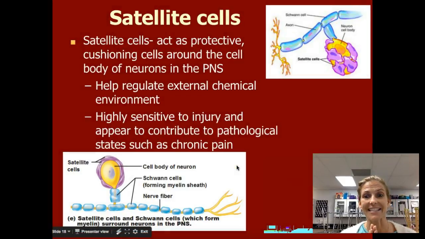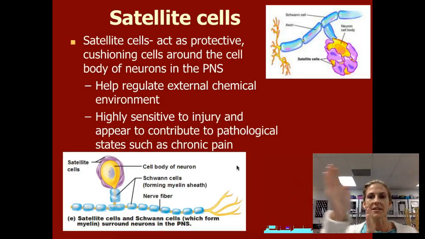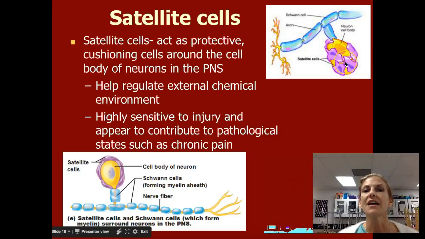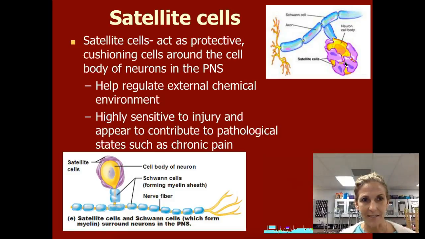Finally, we have the satellite cell. Satellites go around and around bodies, right? So this satellite is going around and around the cell bodies of those neurons that are in the PNS. So they're more likely to get hurt out and about, right? Outside of our brain and spinal cord, we have a lot more. I bump into things all the time. So we want to protect these as much as possible.